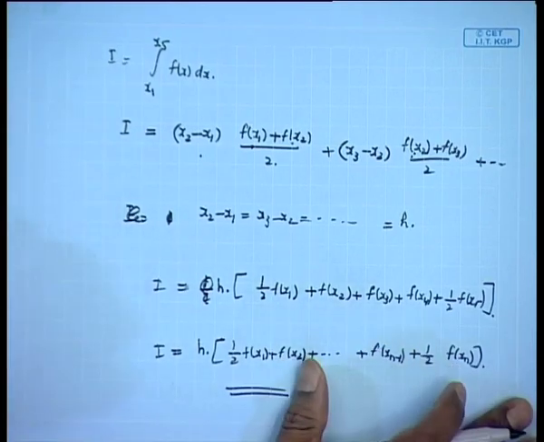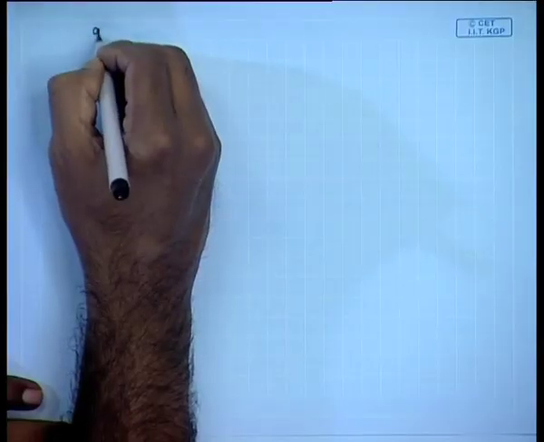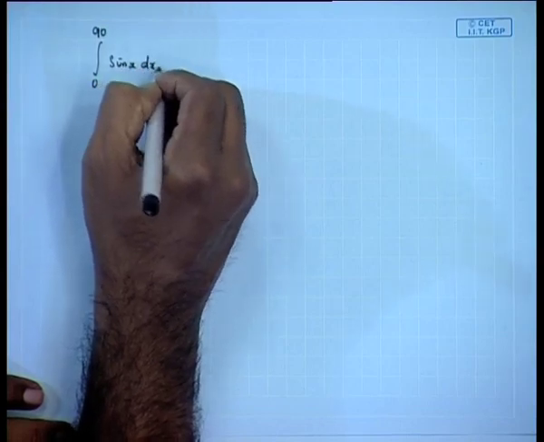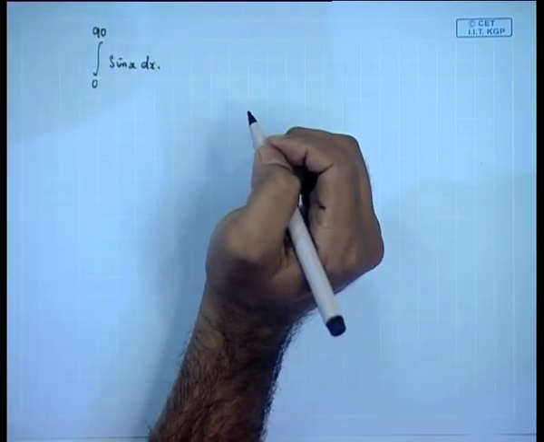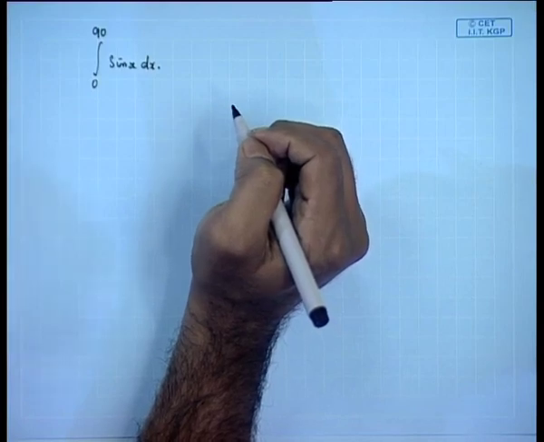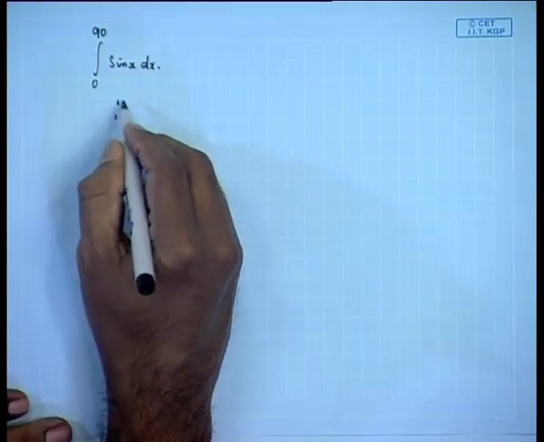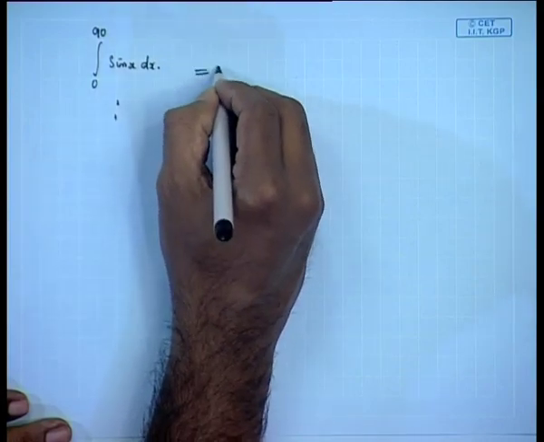Now, for instance, you might have a problem like find the integral from 0 to 90 of sin x dx. Suppose we have a problem like this, then this is how we solve it according to the trapezoidal rule. The analytical solution would be equal to 1.